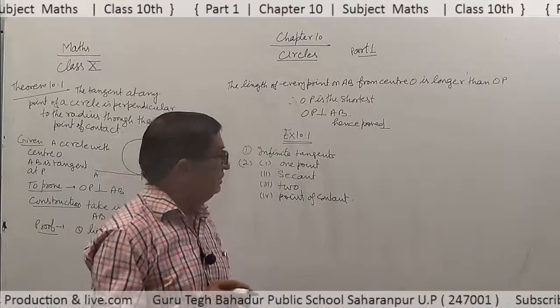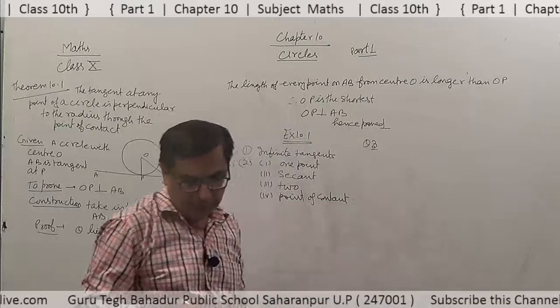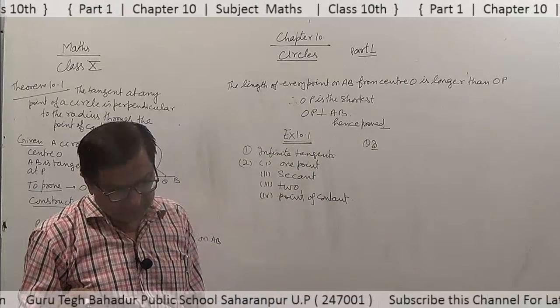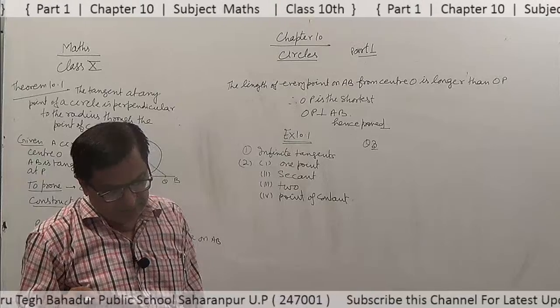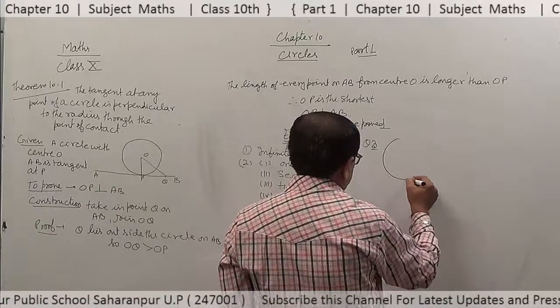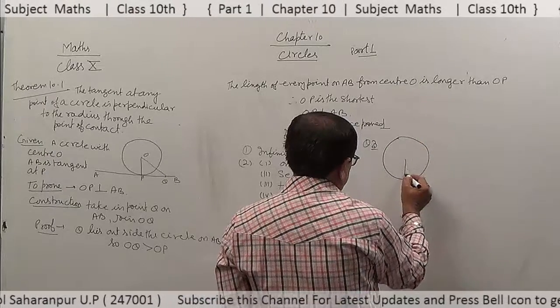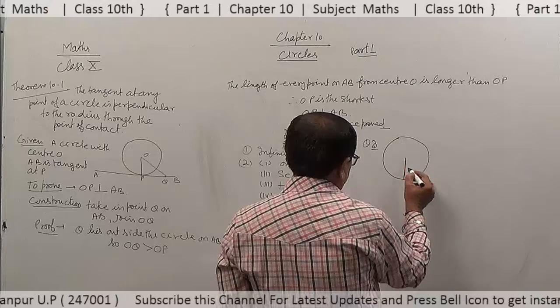See the third question. A tangent PQ at a point P of a circle of radius 5. This is the circle, radius is 5.